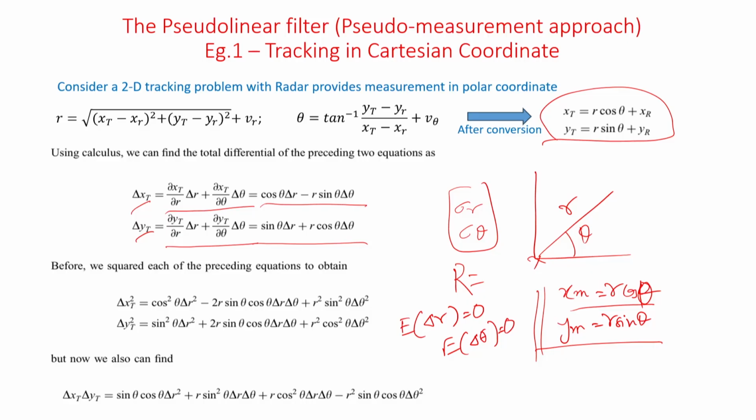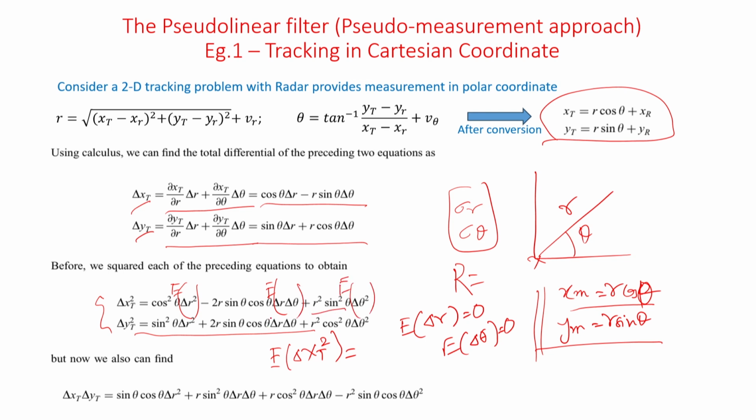So, once you do, you get delta x as this whole square term. Now you calculate the expectation of delta x t square. What will you get? Since it is conditioned on predicted or truth, whatever, cos square theta will come out. So your expectation will be this much: delta r square, expectation of delta r delta theta, expectation of delta theta.